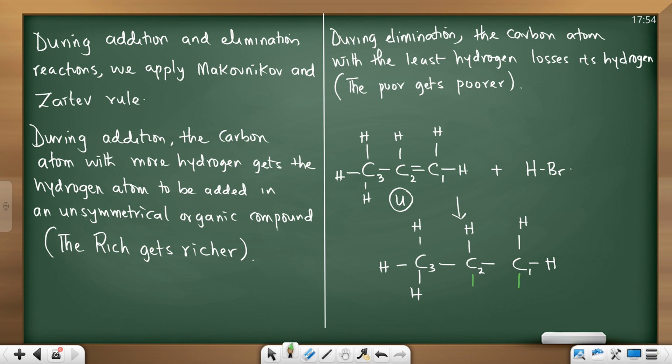But now I've got 2 things to add. So we are going to look at those carbon atoms. Which one is the rich one? Is it carbon 1 or carbon 2? Which one has more hydrogen?